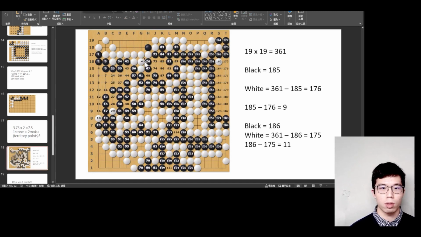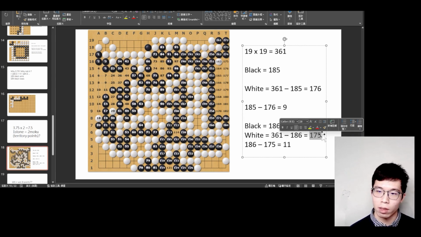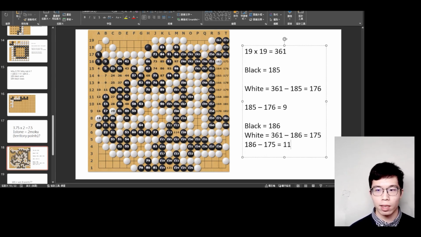In this example, there are 185 black stones, including the territory points. So white has 361 minus 185, which is 176. 185 minus 176 is 9. But if black has one stone more, then white will only have 175 stones, and their difference becomes 11.